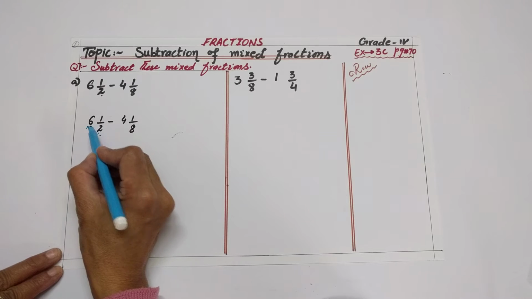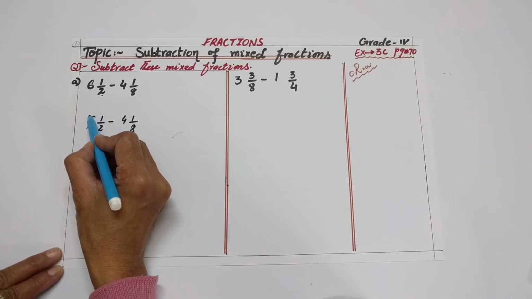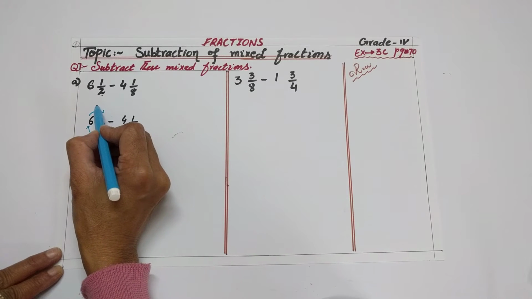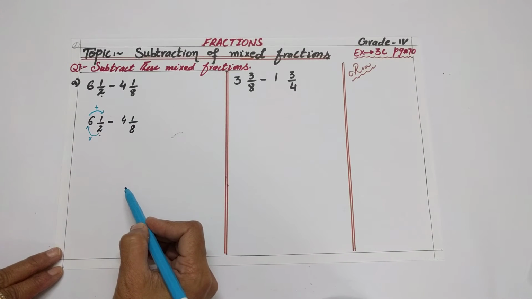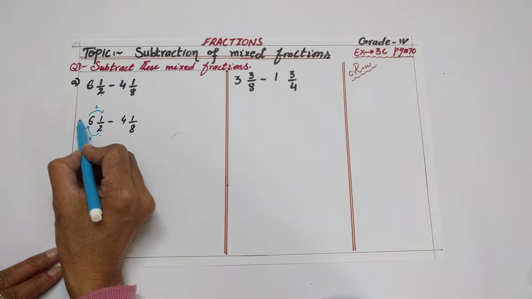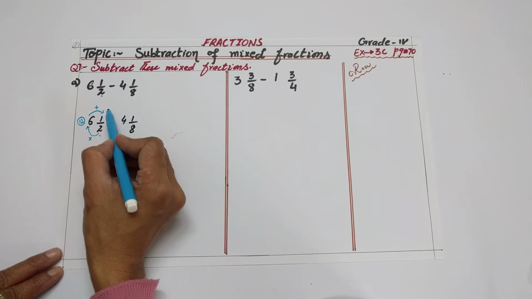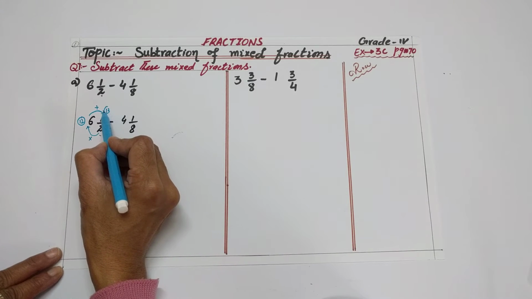Multiply the denominator by the whole number, then add the answer to the numerator. So 2 6s are 12, and 12 plus 1 is equal to 13.